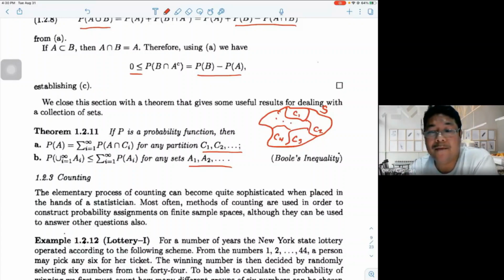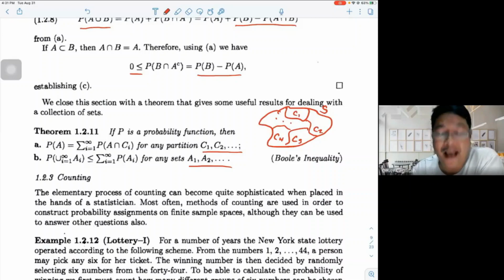So we have a collection of infinite events, C sub 1, C sub 2, and so on and so forth. When you say it's a partition, this collection is mutually exclusive, and at the same time exhaustive. If we take the union, it will be equal to our sample space S.